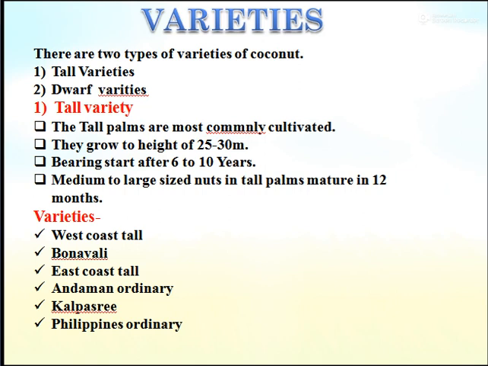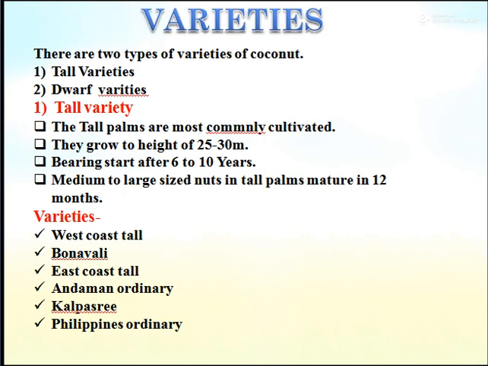The medium to large size nuts in tall palms mature in 12 months after the opening of the inflorescence. Varieties are West Coast Tall, Bonapali, East Coast Tall, Andaman Ordinary, Kalpashri and Philippines Ordinary.